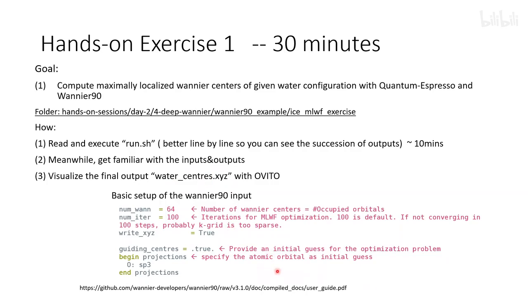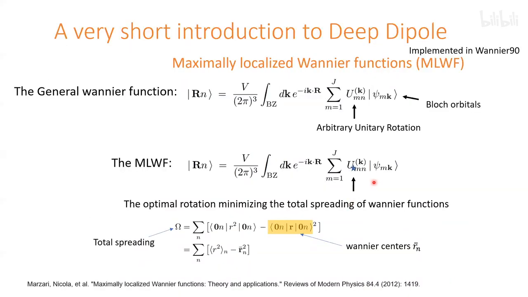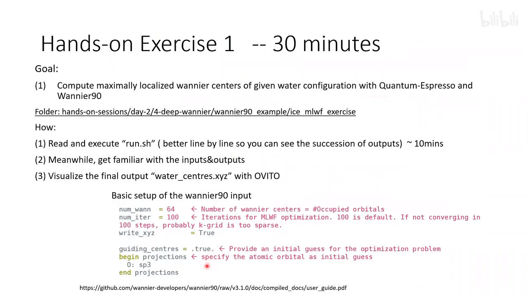So the only thing that may need a little bit of attention is the guiding centers here. The guiding centers specify the initial guess for the Wannierization procedure. By initial guess, I mean the initial guess for this U_mn matrix, which is a parameter to be optimized in this maximal localization routine.